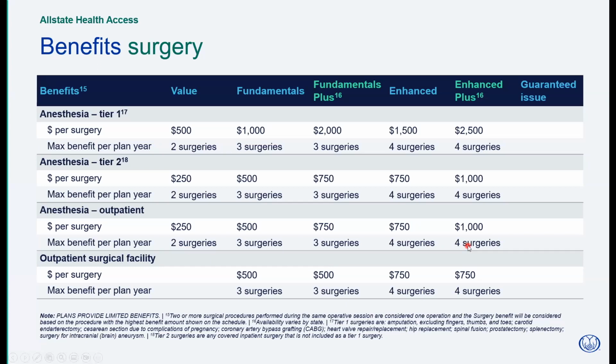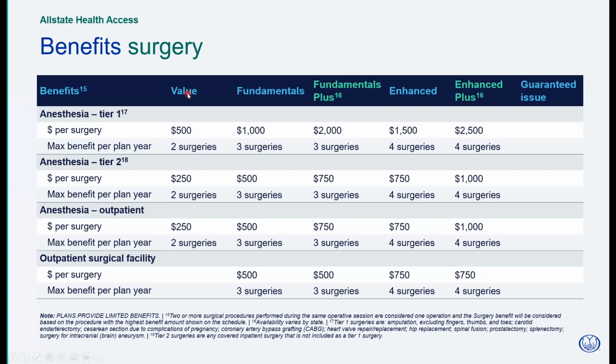Now, I'm going to stop here because I want you to notice something. Anesthesia and outpatient surgical facility are not covered for those people who have the guaranteed issue plan. So if someone has been sold this particular plan, they will not have anesthesia coverage nor outpatient surgical facility coverage.